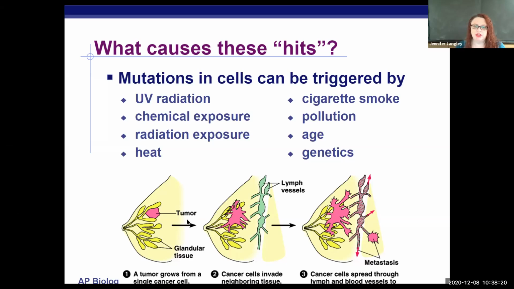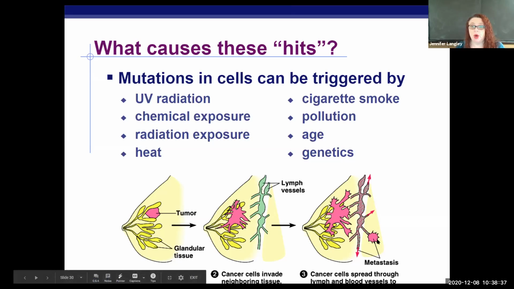Now, we're looking at breast cancer here. We can see a tumor forms and it begins to invade the surrounding tissue. Then it loses its anchorage dependence and can actually float through our lymph and start forming tumors elsewhere. And it's the same tissue, so you can have a tumor form in your bone and it's still considered breast cancer.